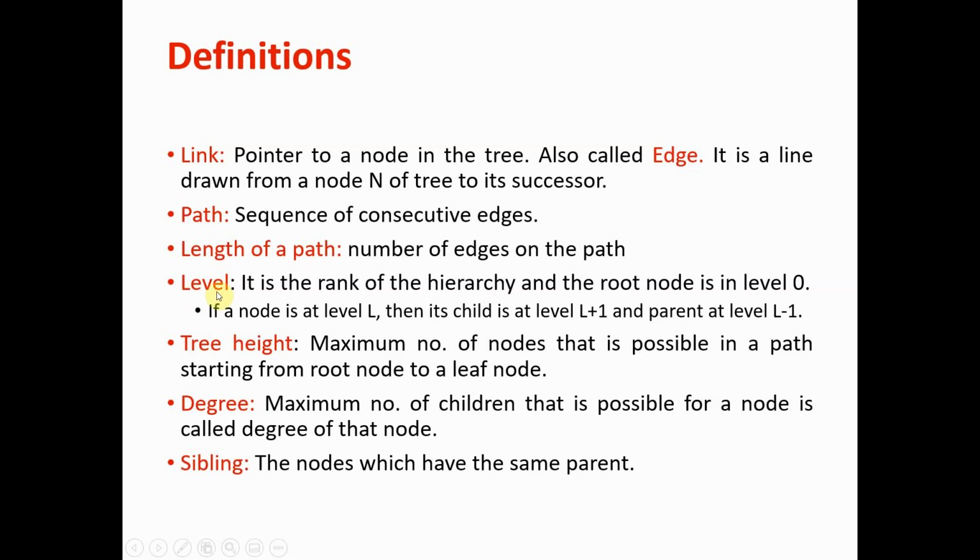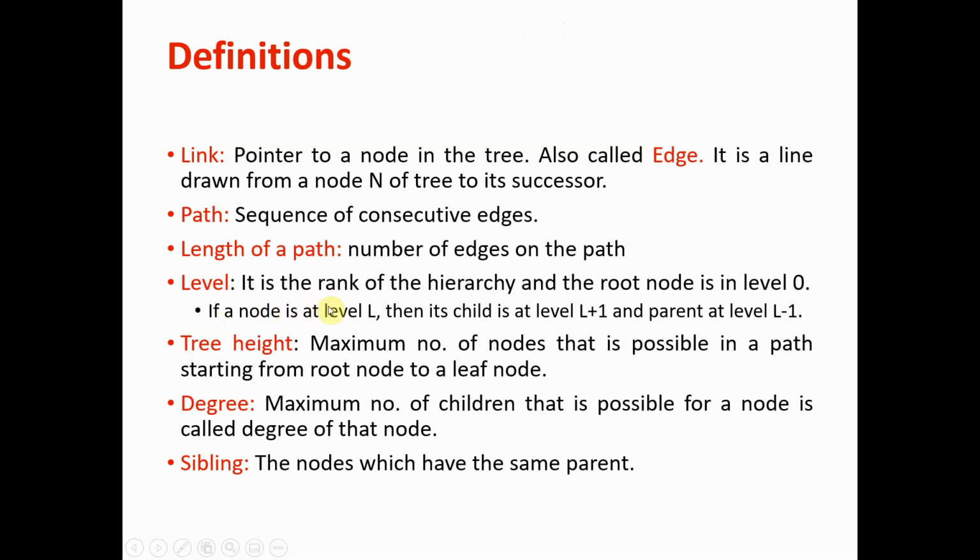Level is the rank of the hierarchy, and we consider the root node to be in level 0, right? So level 0 is the root's level, basically the highest level in our hierarchy.